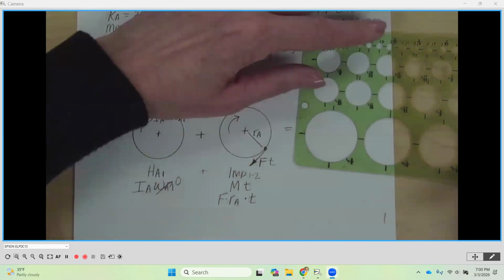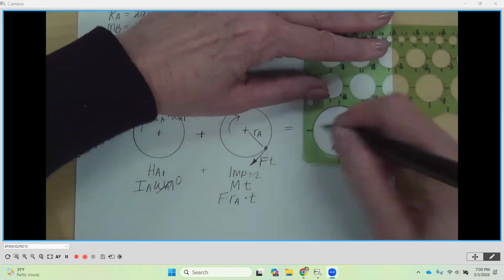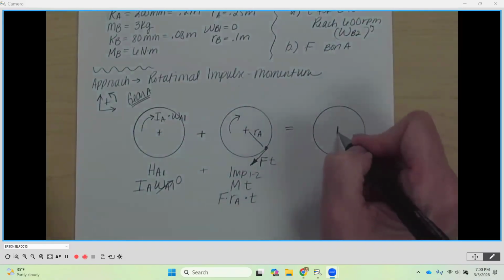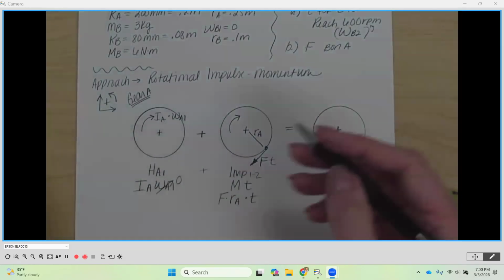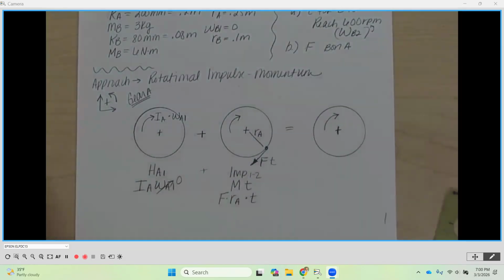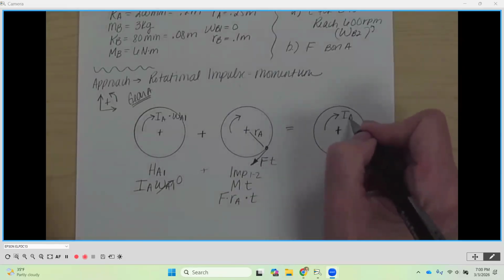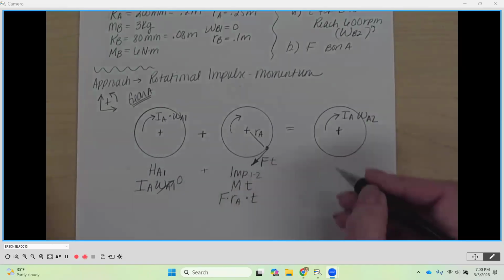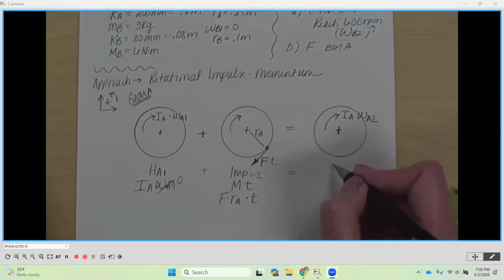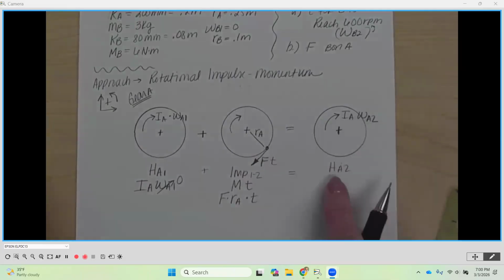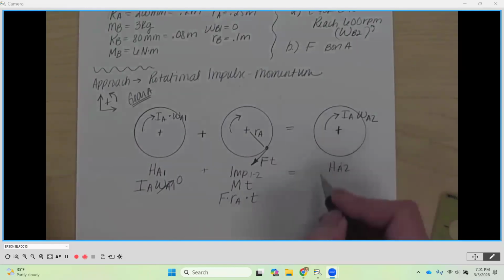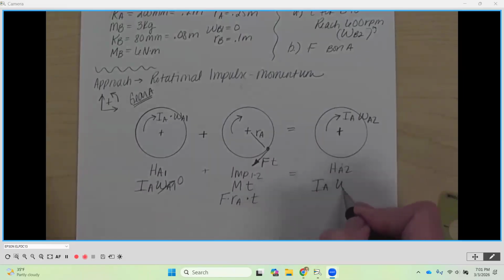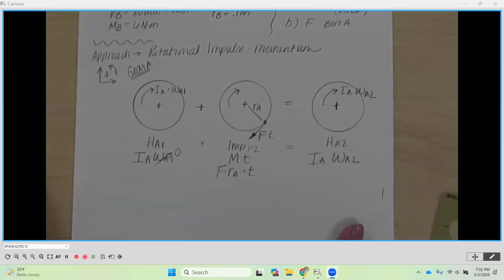It's going to be equal to our last circle, and this is our after momentum. So we're going to put our center on here. We know that it's going to go in a clockwise direction. This is going to be moment of inertia of A, angular velocity A2, and this is going to be equal to HA2, the angular momentum of gear A in its second state, IA times omega A2.